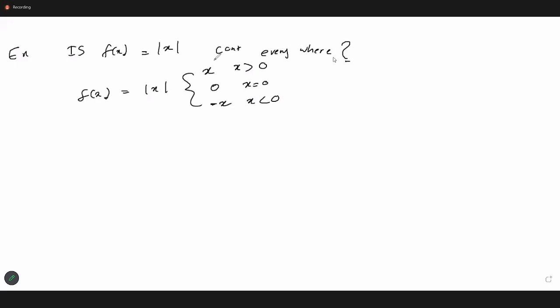So this is the definition of the modulus x, right? When you write down this, now it is very easy. So I will draw a curve for this. This is the graph of modulus x.